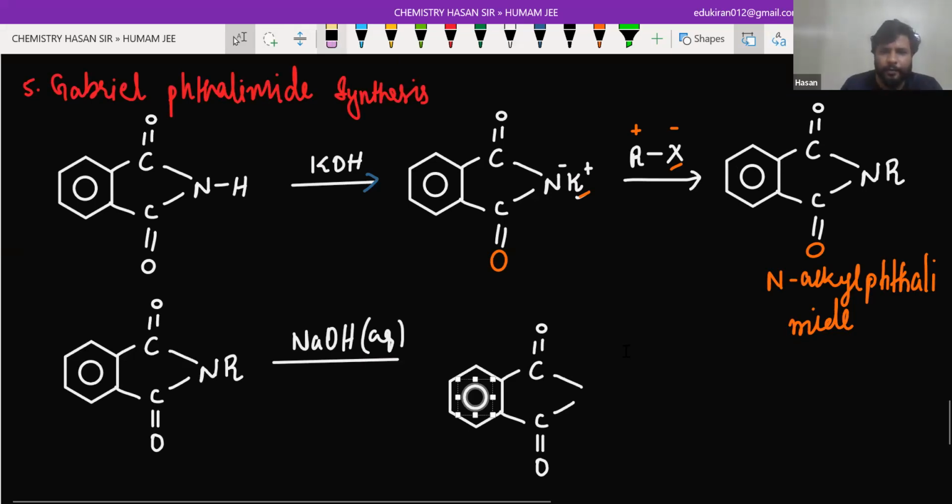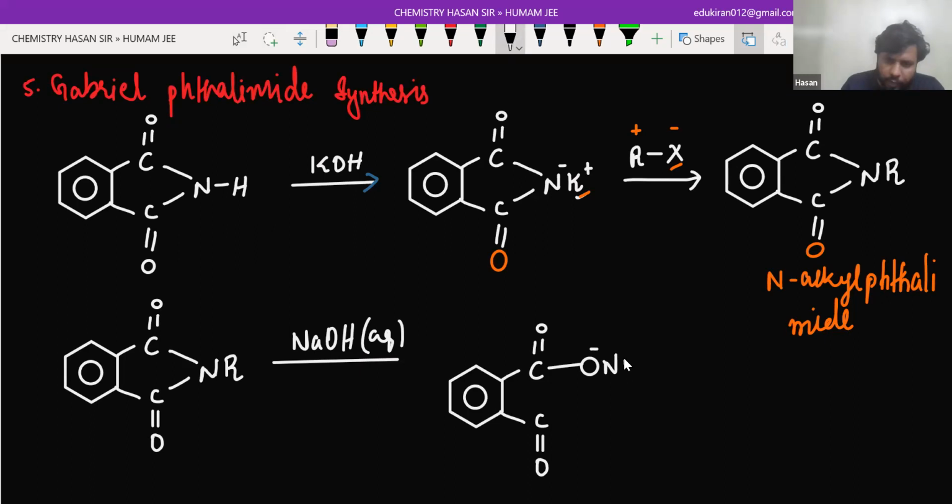And this will be converted into something like this. O negative and Na positive will come, along with the formation of RNH2, 1 degree or primary amine.